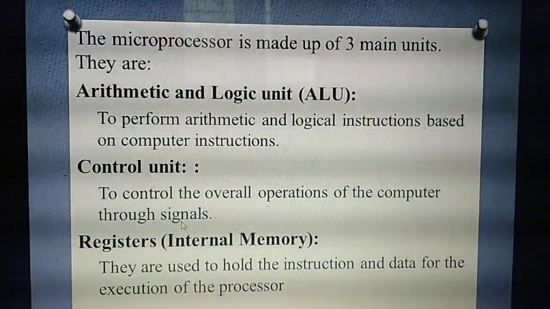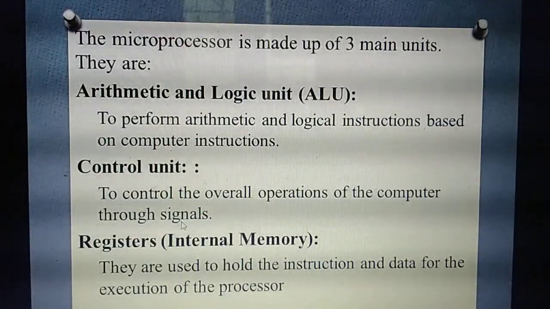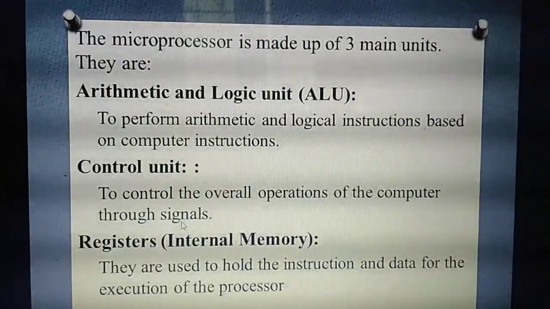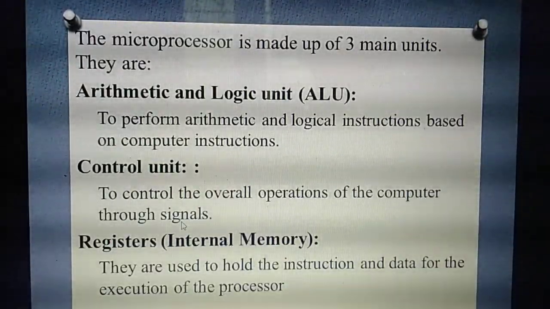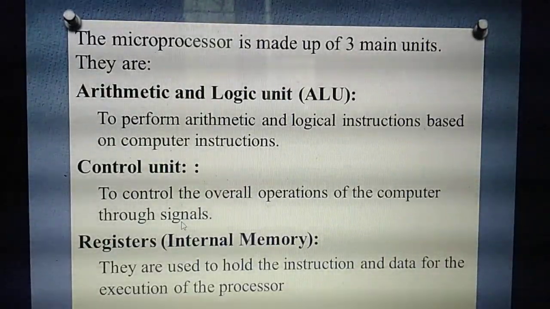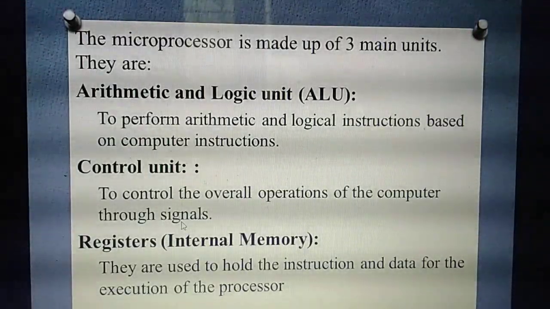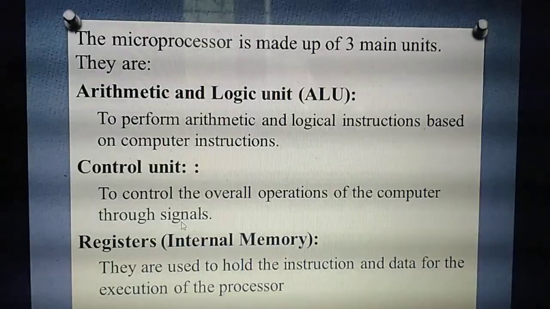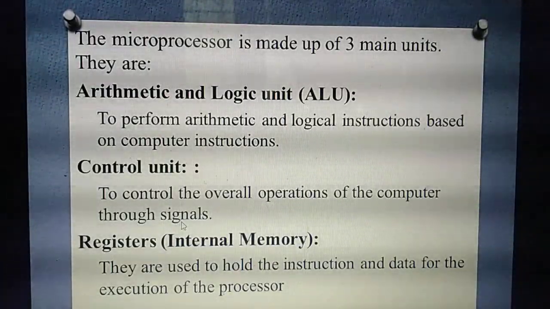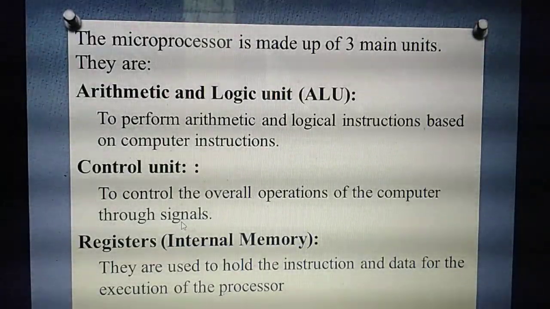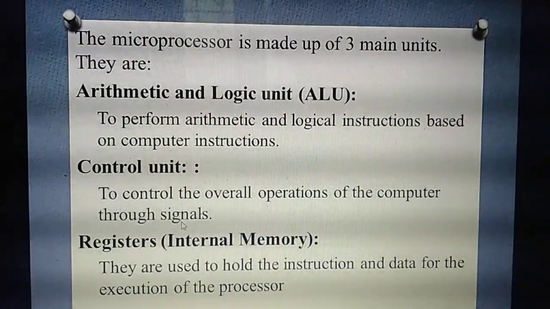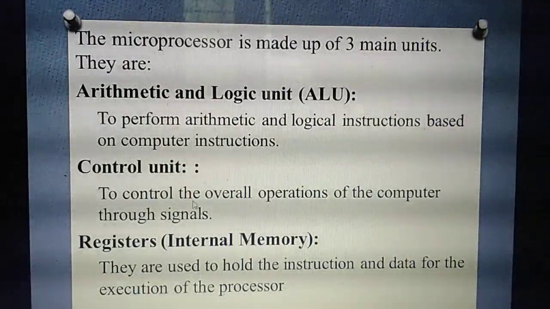All the instructions need to be stored in one place, isn't it? So that is called internal memory or registers. All the instructions are held in one place called what? Register, or internal memory.